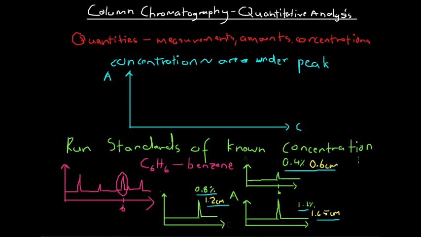Up here, however, we are dealing with area and concentration. So if we plot these 3 sets of data, we know that at 0.4%, we had a height of 0.6 centimeters, which we'll put there.